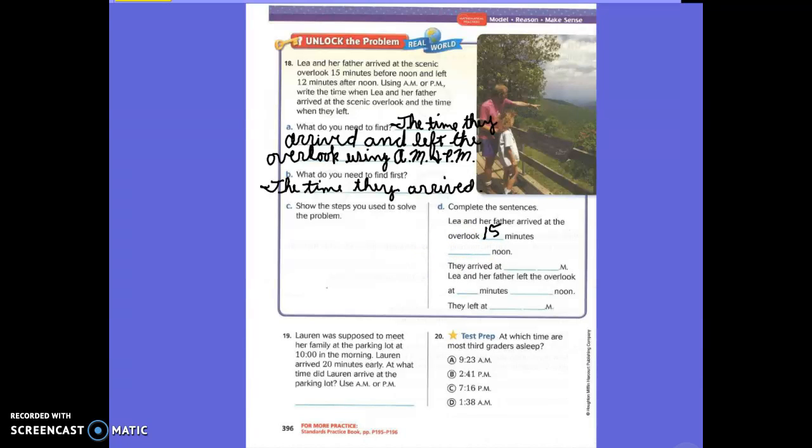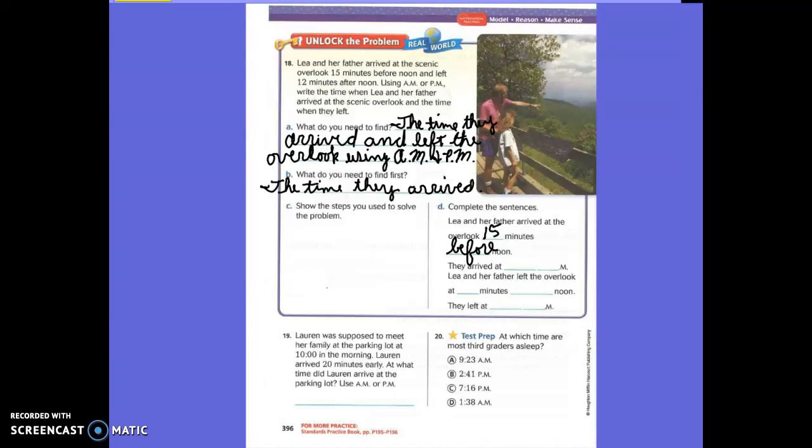Okay, so we need to figure out what 15 minutes before noon is. Remember, noon is when the hour hand is at the 12 and the minute hand is at the 12. Now, it says that they arrived at the overlook 15 minutes before.